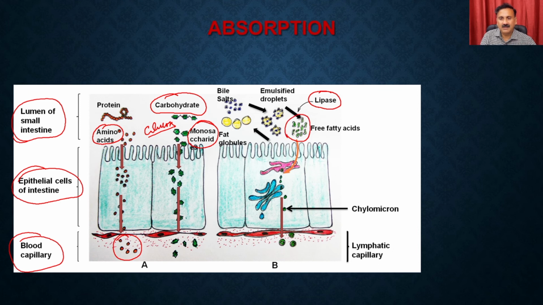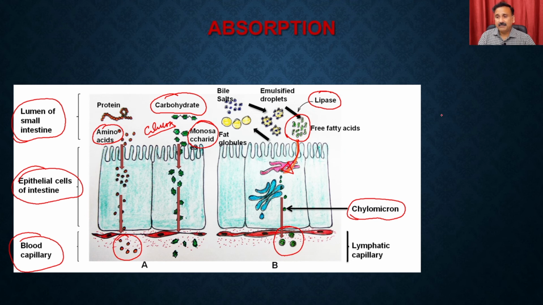And once the fatty acid is formed, there will be active uptake of the fatty acid, and inside the epithelial cells it is going to form the chylomicrons. These chylomicrons are small droplet-like structures, and they will be delivered into the blood vessels, and from the blood vessels they are going to be distributed throughout the body.